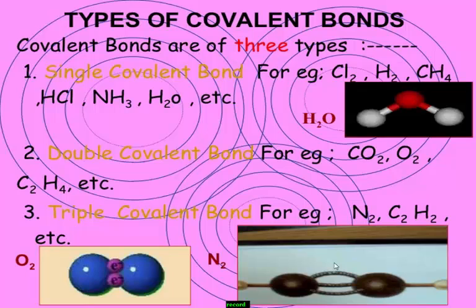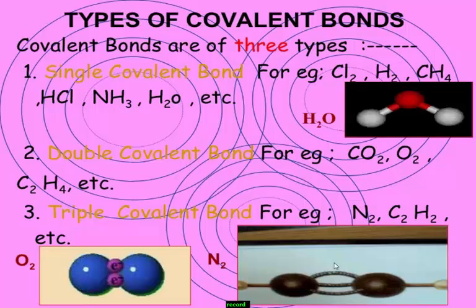Then the double covalent bond: when you observe the structure of CO2, O2, C2H4, etc., it contains a double covalent bond because between the atoms there is a double bond. And the triple covalent bond: N2, C2H2, due to the triple bond present between two nitrogen atoms. It is an example of a triple covalent bond containing molecule.